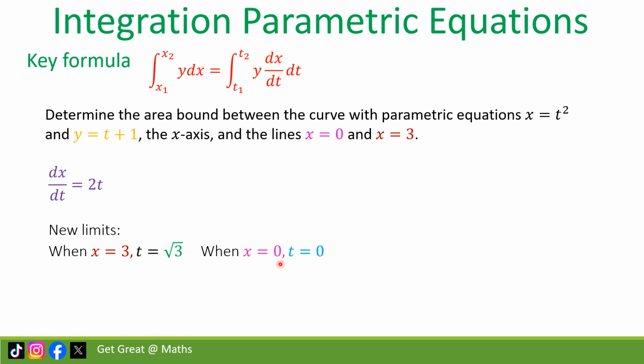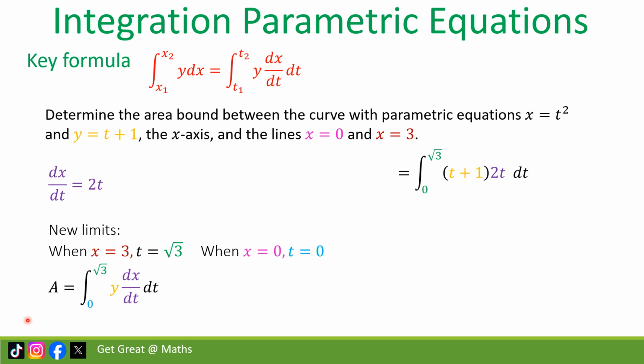And if x is equal to 0, t is going to equal 0, substituting into here just by taking the square roots of these values. Which means I'm going to be integrating between 0 and root 3 of my function y, which is going to be replaced with t plus 1, and dx by dt is going to be replaced with 2t dt. So I have got the integral between 0 and root 3 of t plus 1 times by 2t dt.